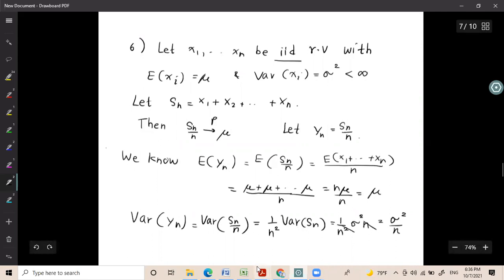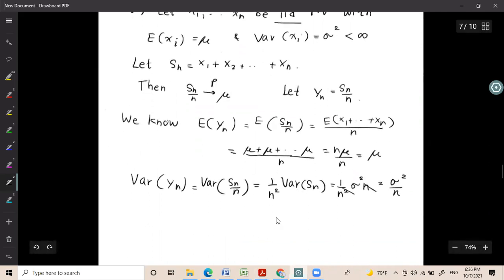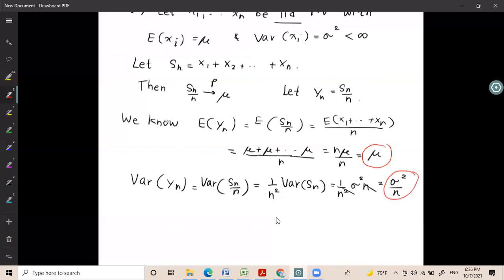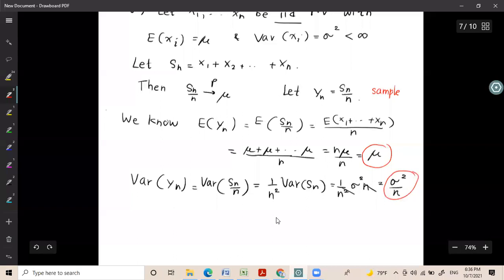Now, what is this actually? Expectation of yn equals mu, variance of yn equals sigma square over n. What is yn? Yn is the sample mean. Why? You take the total divided by n, so that is the mean.